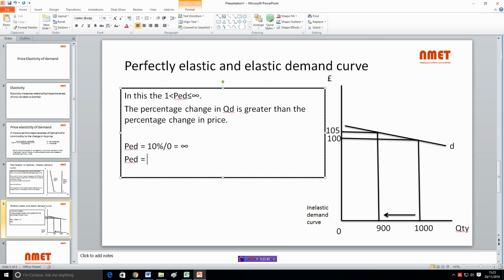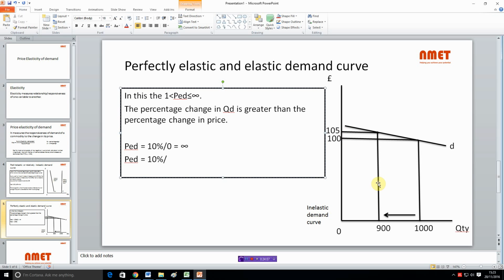PED is equal to the percentage change in quantity demanded: from 1000 it has fallen to 900, that's 100 units, 10%, divided by the price change.